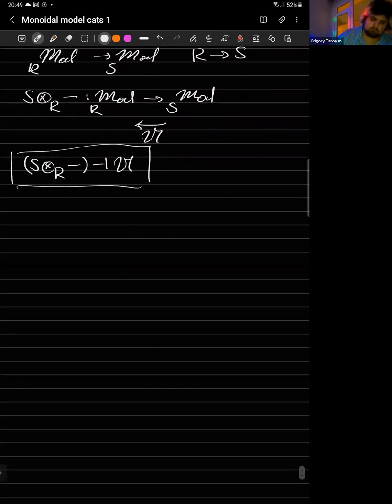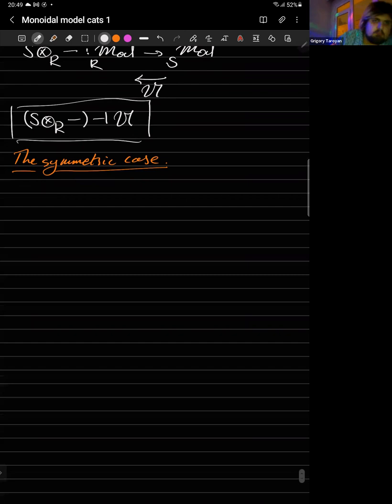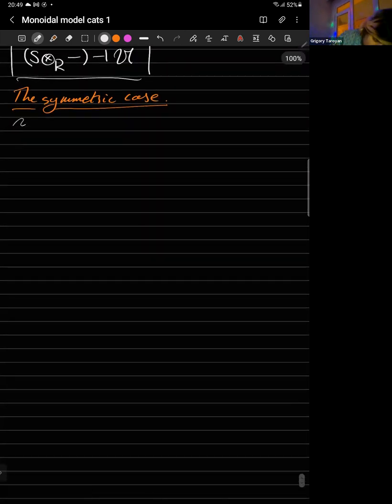So first of all, in the symmetric case, we can interchange elements in the tensor product.